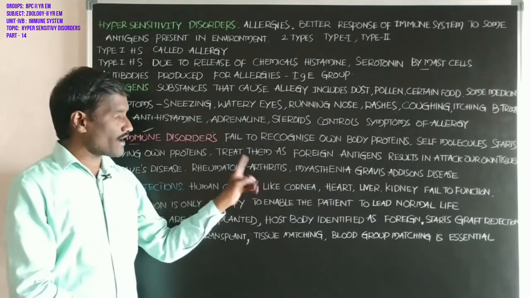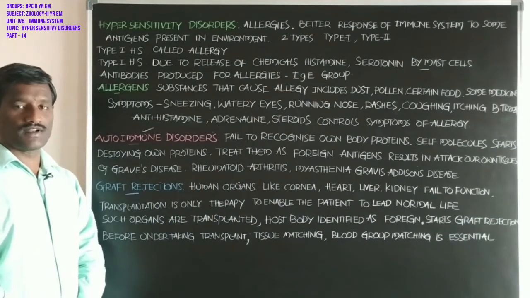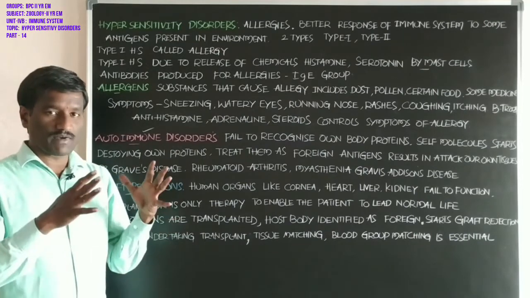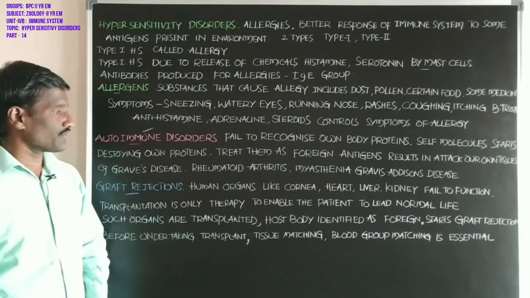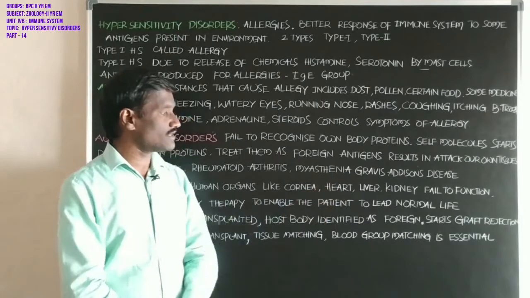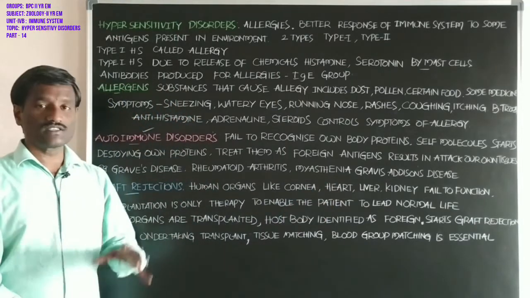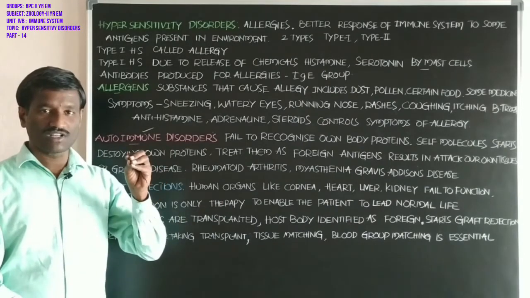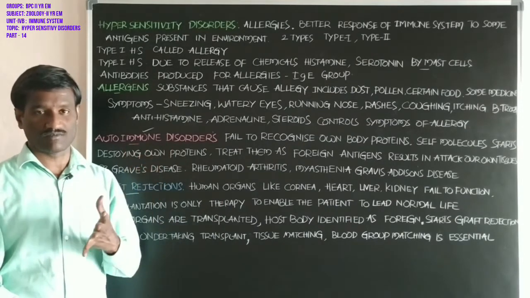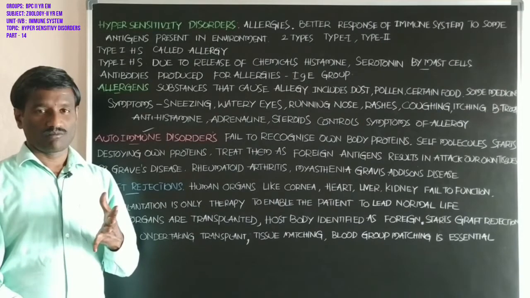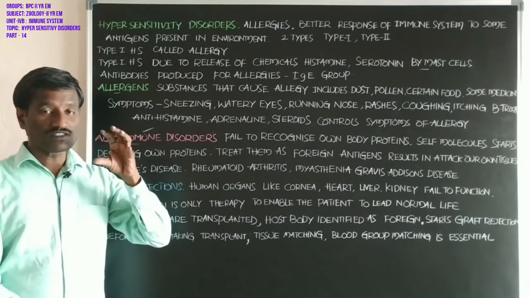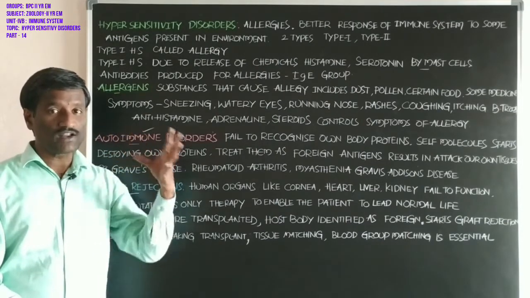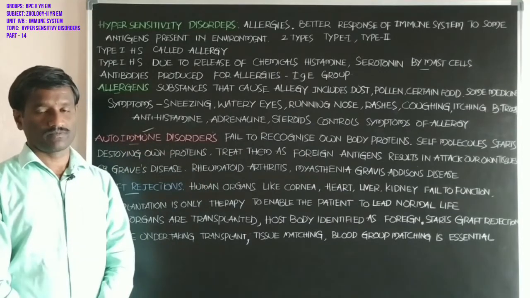Next, rheumatoid arthritis. It is symptomized by joint pains. Myasthenia gravis, students, is a neuromuscular disorder. In this disorder, the neuromuscular junction is affected. Muscles fail to contract.